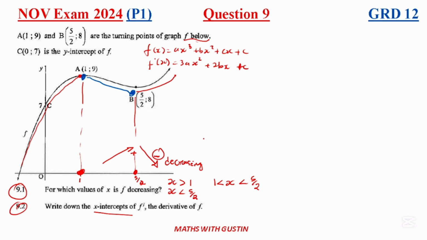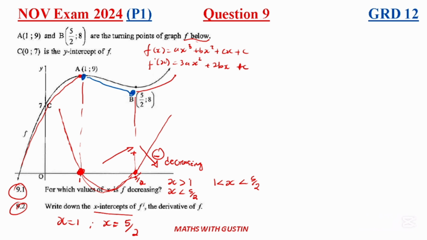So what can we do? What can this be for these to be the intercept values? It means our function will have to be like this. This will be our function, guys, with these two values here, which are the x-intercepts. So our x-intercepts will be x equals 1 and x equals 5/2.